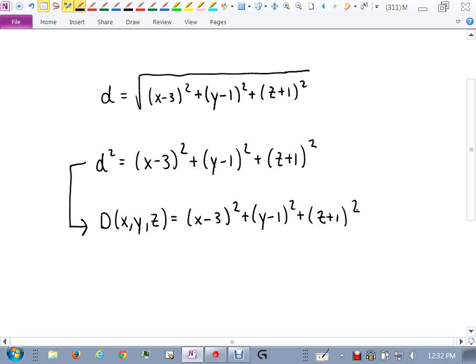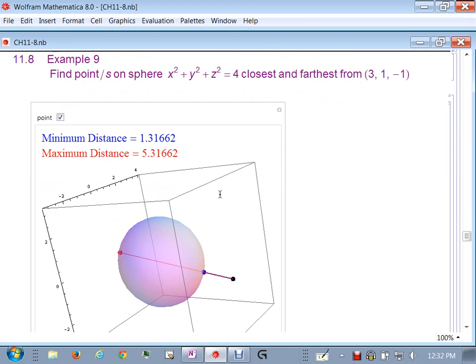Yeah, it's example 9. By the way, on your notes, it might actually show minimum distance and maximum distance. It might show you the answer here. If I remember correctly, there was a problem when I coded this up and something was off. Those might be right, but they may not be right.